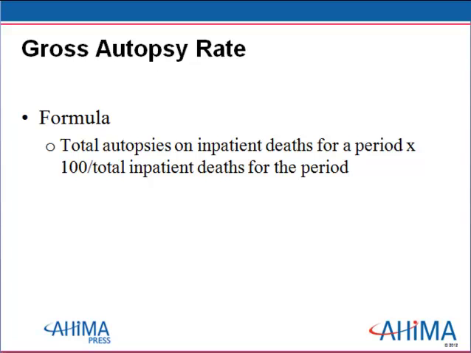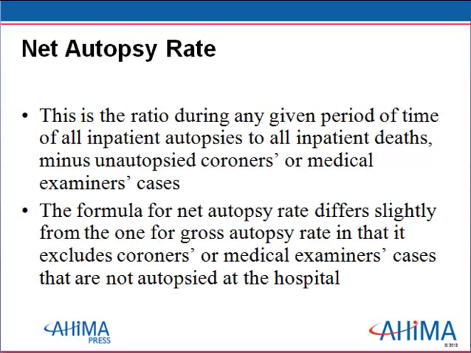The formula for gross autopsy rate is total autopsies on inpatient deaths for a period of time times 100 divided by the total inpatient deaths for that same period of time.